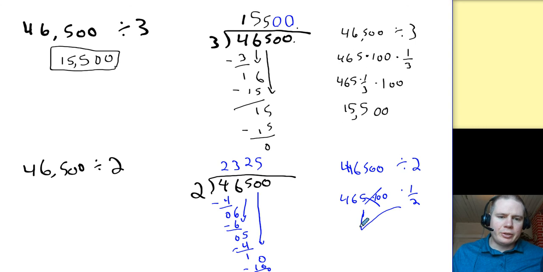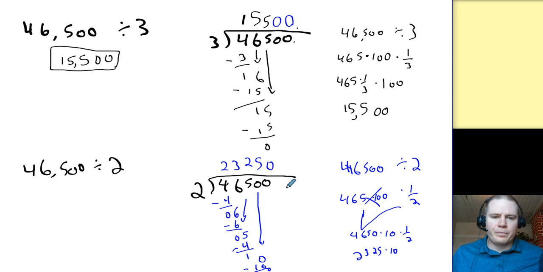I really need 4650. 4,650, half of that is 2,325, right? Half of 50 is 25. Then times 10. Then this extra 0 just kind of sits there. So I had to use the 0, but it was there, so that's no problem.